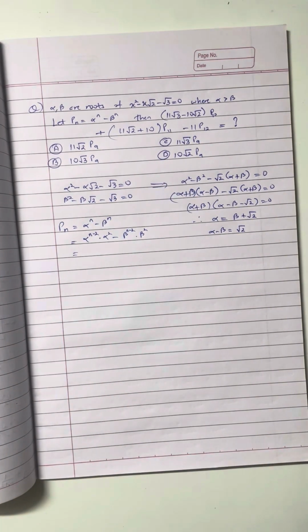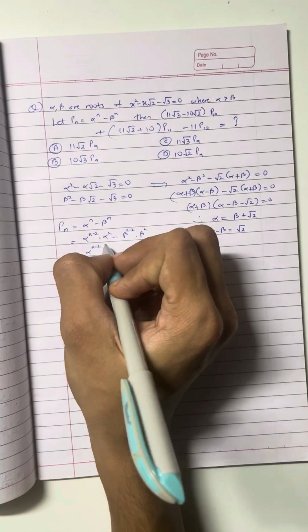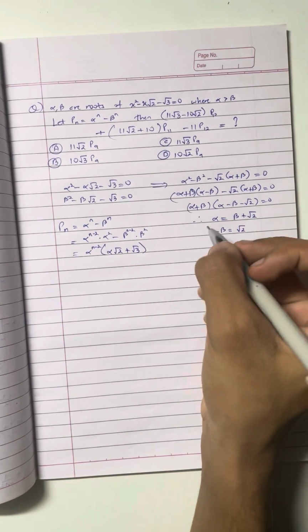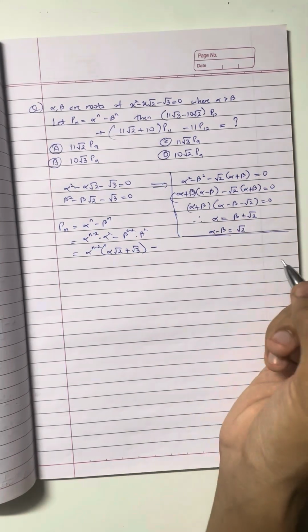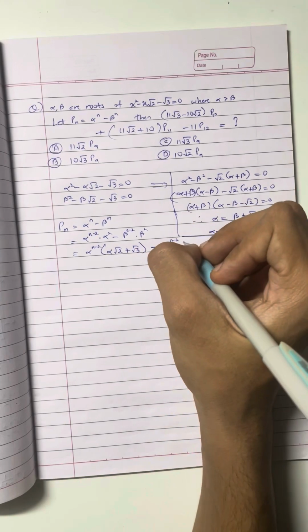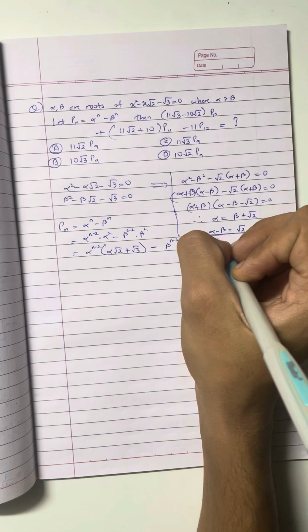Value of alpha squared is alpha root 2 plus root 3, so alpha power n minus 2 into alpha root 2 plus root 3 minus beta power n minus 2 into beta root 2 plus root 3.